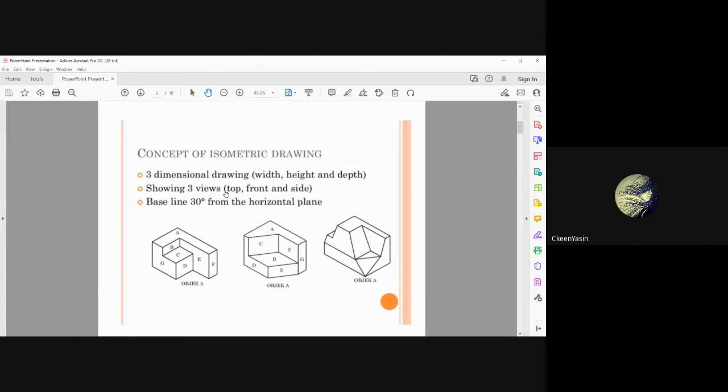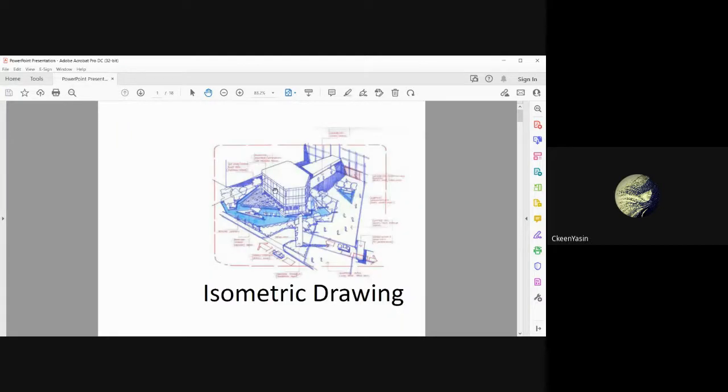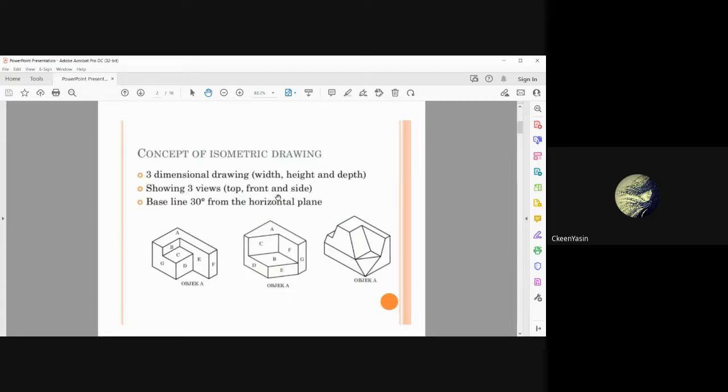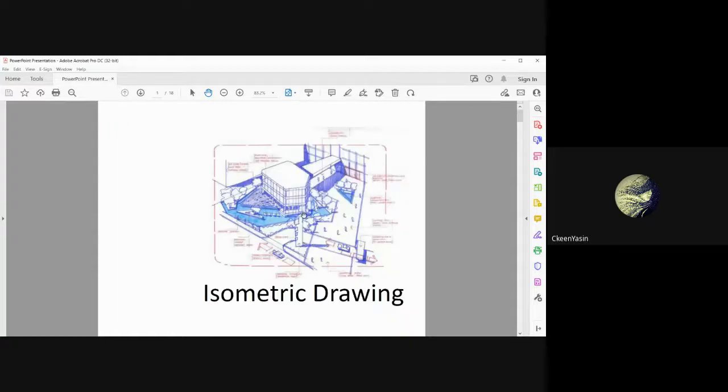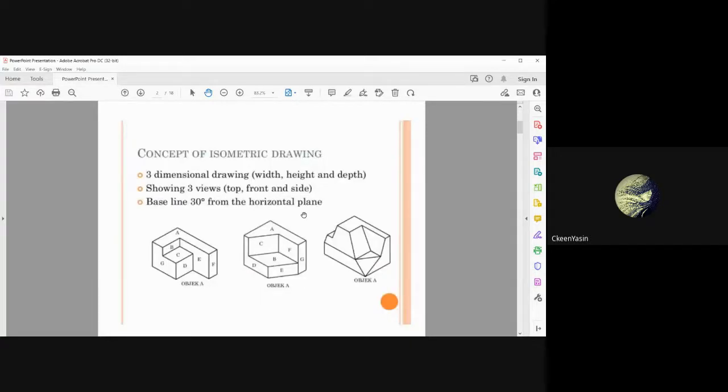Sorry, I forgot. In a moment I will find for you the tools that you require to do the isometric. That was supposed to be the first slide that I should share with you. You have to use the T square, and the shape is a triangle. Later on I will show you.